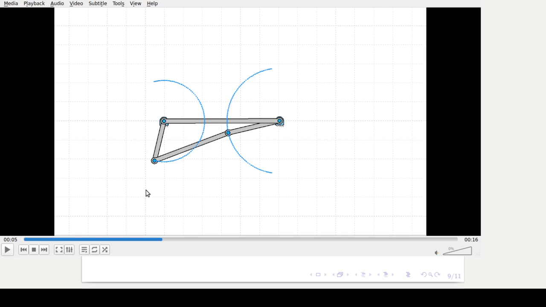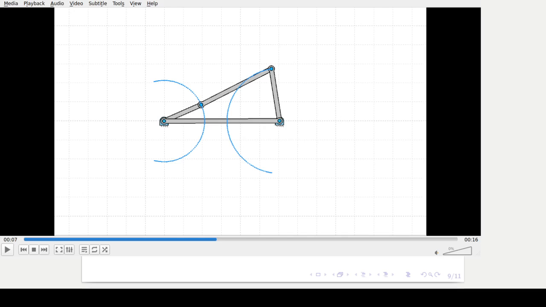So in this mechanism, we cannot have this link make a complete rotation, and the same goes for this link as well. Now this link cannot go further in this direction. So there is some limitation in this linkage.